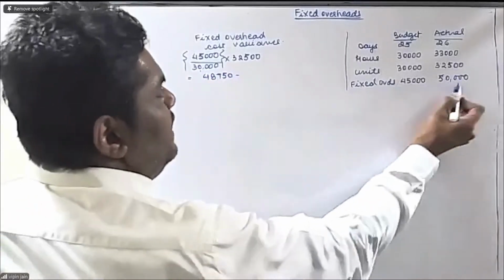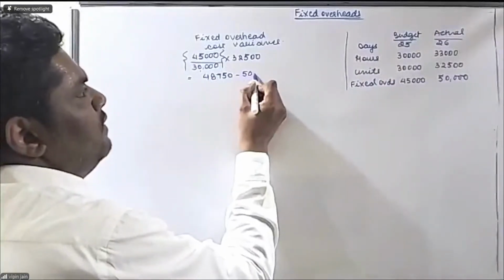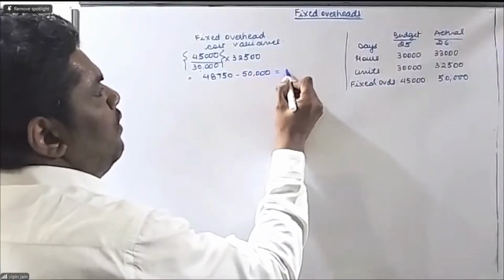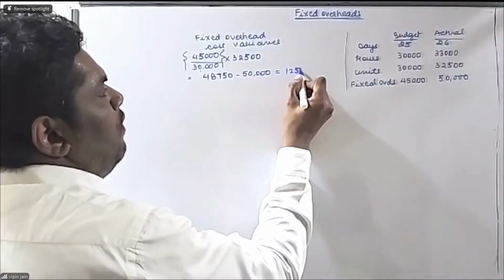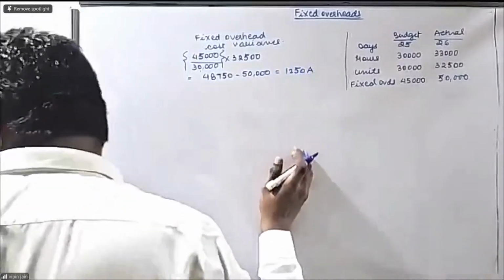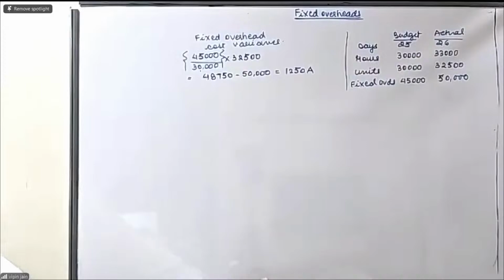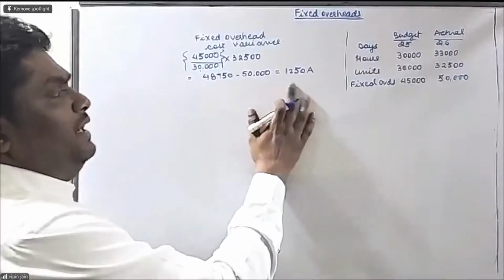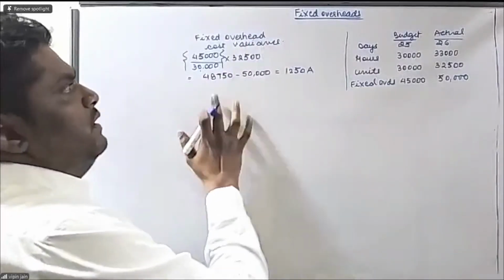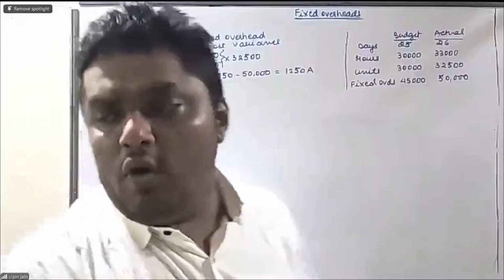And my actual overheads are how much? 50,000. So this is 1250 adverse. This is all about fixed overhead cost variance.